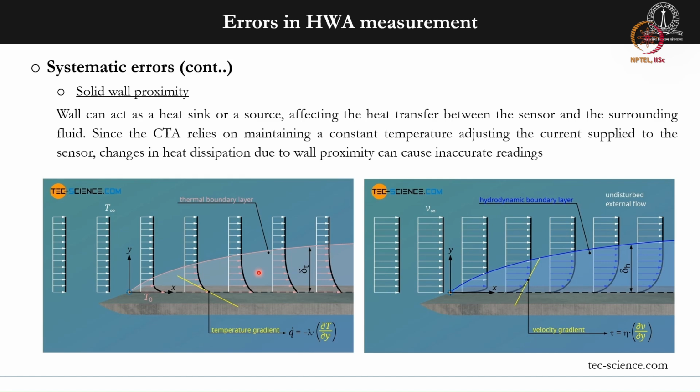So now we are operating on a different curve in comparison to the calibration curve. This again leads us to either overestimate or underestimate the velocity measurements, depending upon whether the plate was heated or a cold plate, or scenarios like this. So again, this is a systematic error because the trends are either to overestimate or underestimate. They are not random in nature.